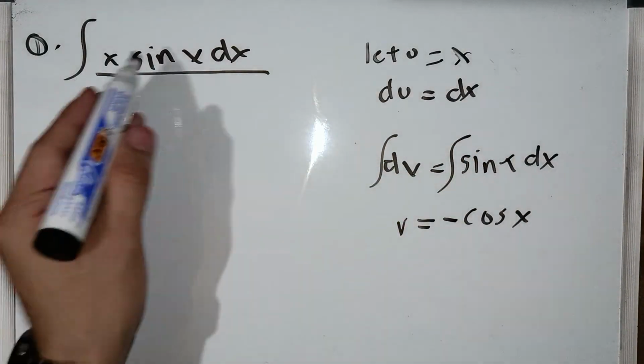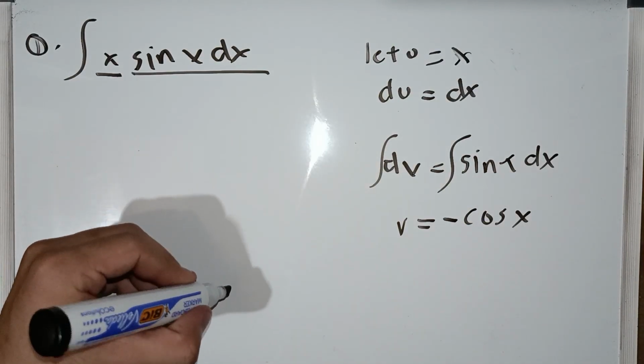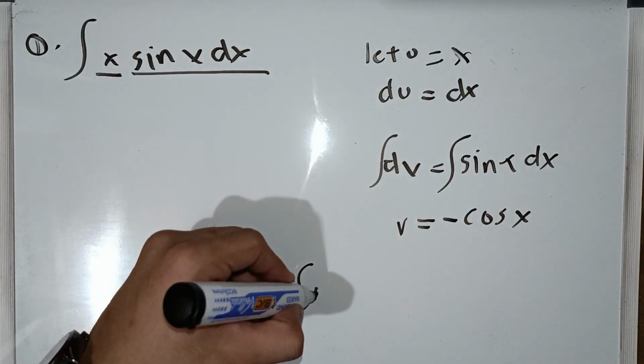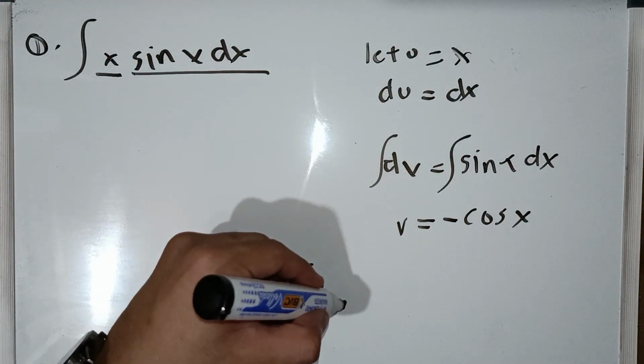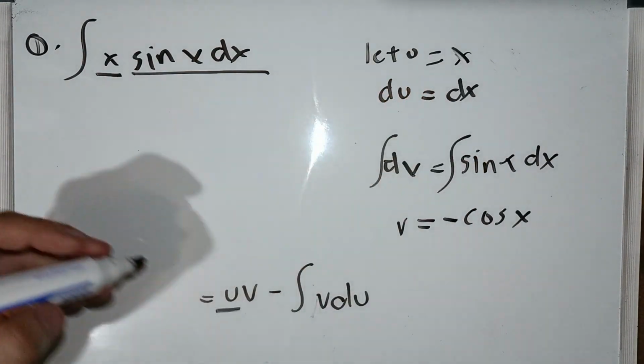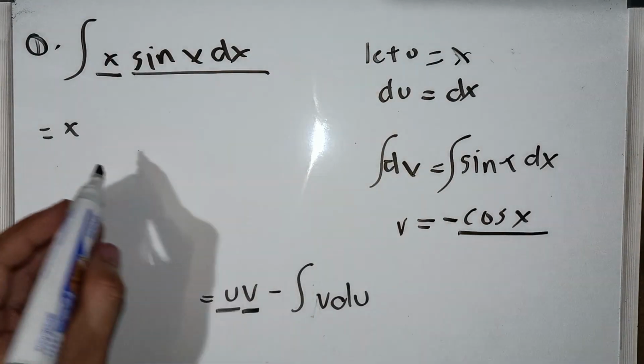Since we now have all the given, let's use the formula: the integral is equal to uv minus the integral of v du. We have u equal to x and v equal to negative cosine x.